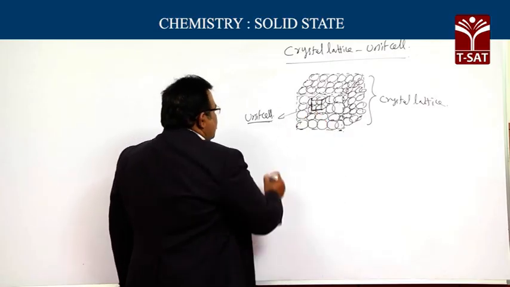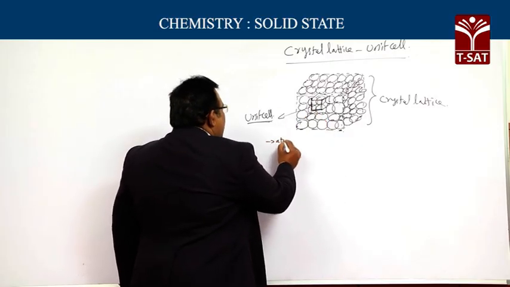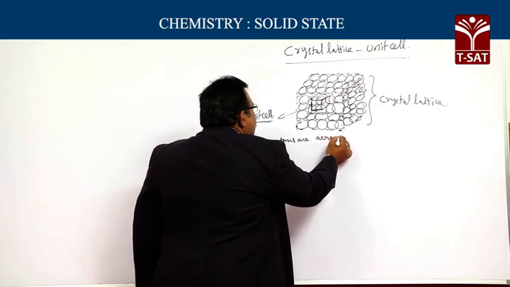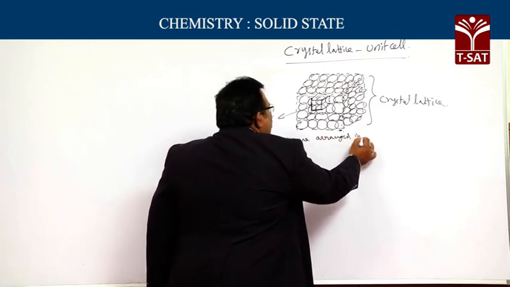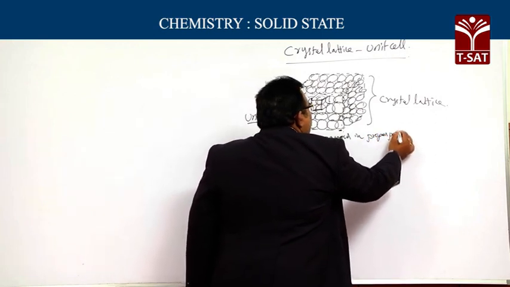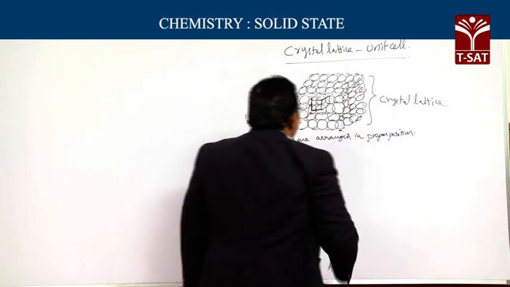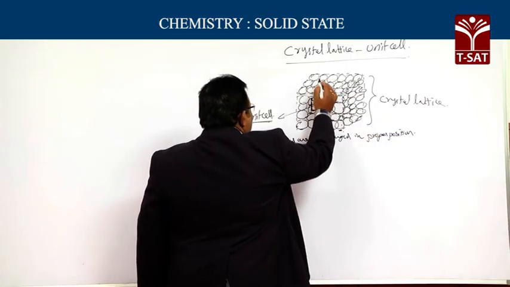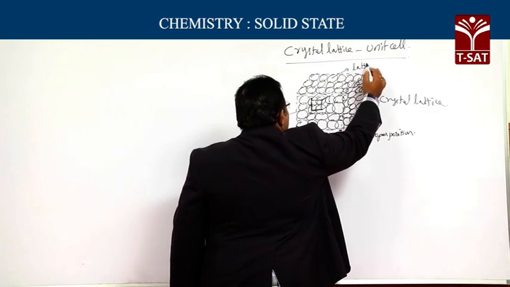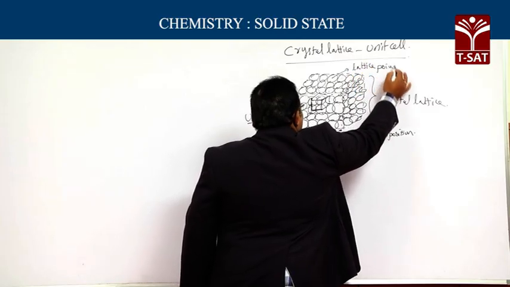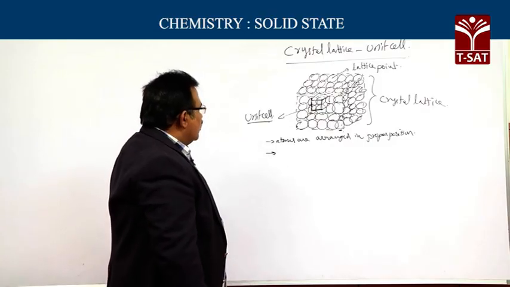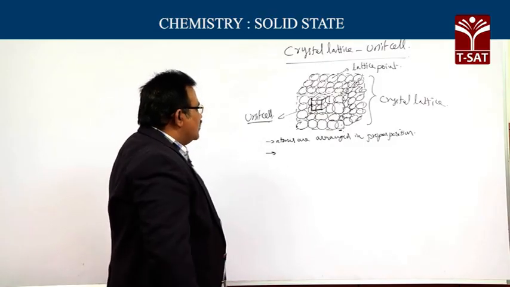In the crystal lattice, atoms are arranged in proper positions. Position of each atom in the crystal is called lattice point. Different lattice points give rise to the entire crystal.